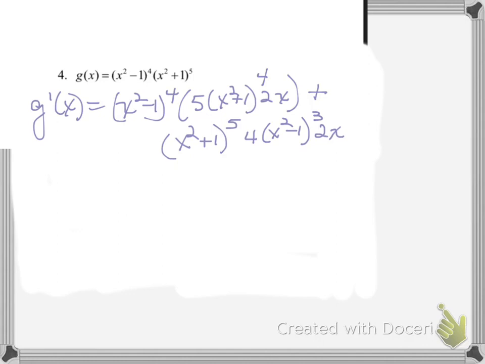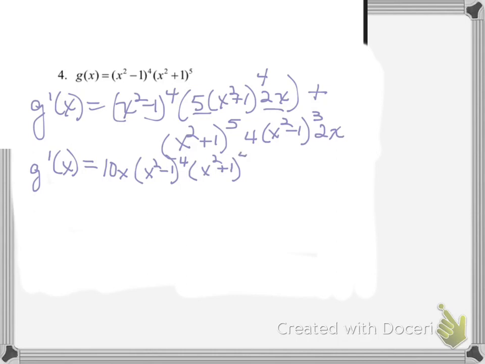Alright, so now I'm going to rewrite this. Let's see how I want to do this, because I do want to get this to be a nice neat package. So I'm going to grab this 10x. I'm going to bring the 10x right there, and I'm going to say x squared minus 1, now that's to the 4th, and then I have x squared plus 1 also to the 4th.